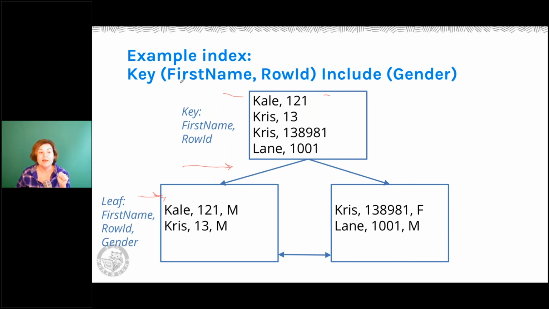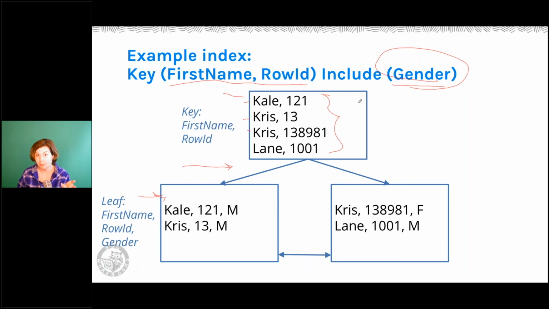We have a key of first name and row ID. We have included a column of gender. And this is just on some imaginary table, right? On our root page, we do not have gender at all. It's an included column. It is not represented here. What we see on the root page is not really data; it's pointers.